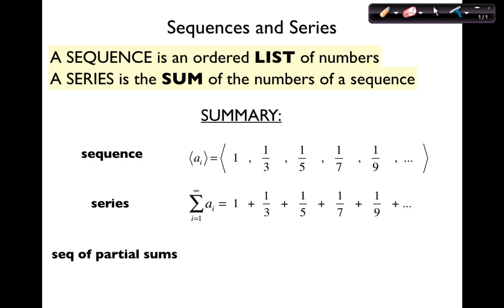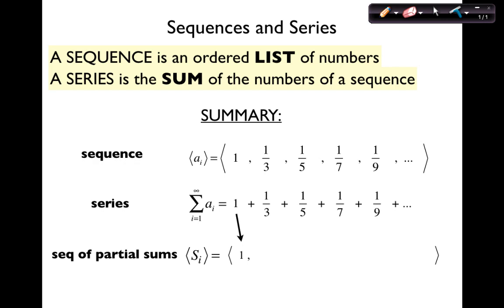Now, sequence of partial sums. Sequence of partial sums means do what? Okay, don't write, just watch. Watch and get this branded in your brain. Ready? First in the sequence of partial sums is 1.